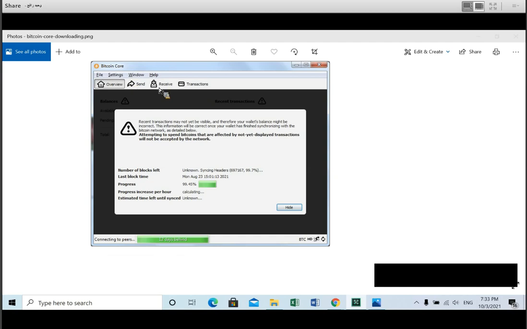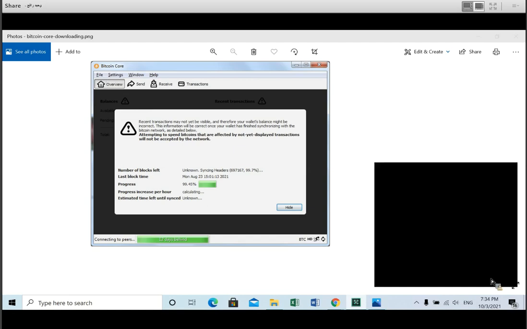For the first time, you should buy Bitcoin from a friend or Binance, for example, and you should keep your password in a safe place.